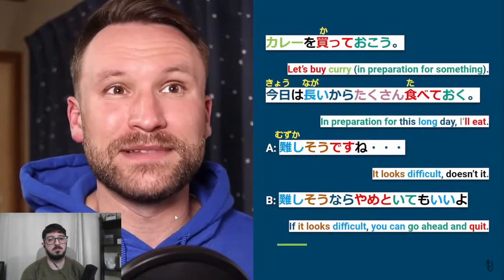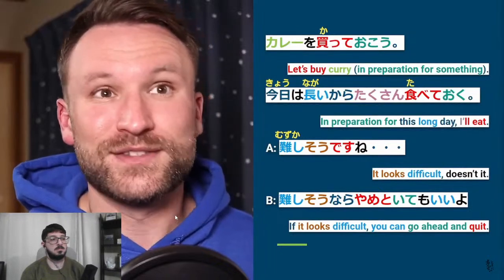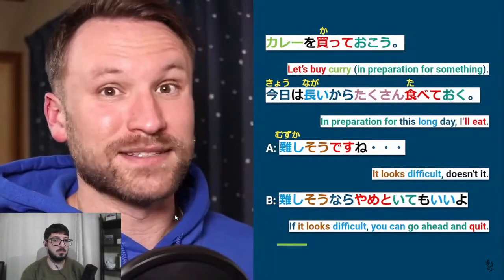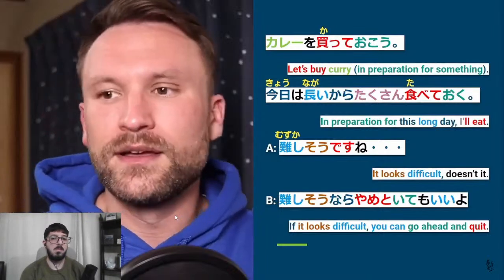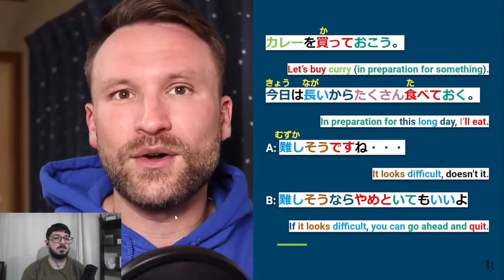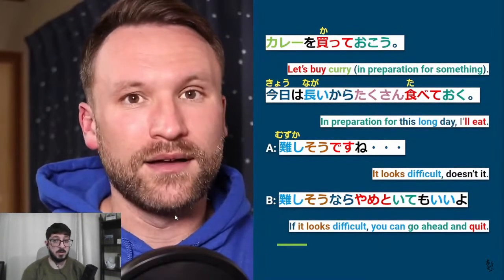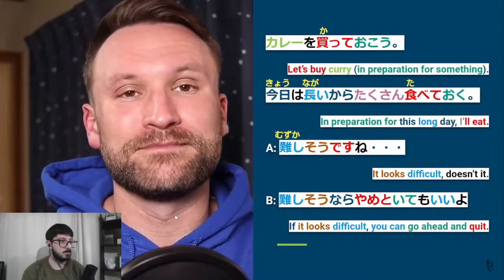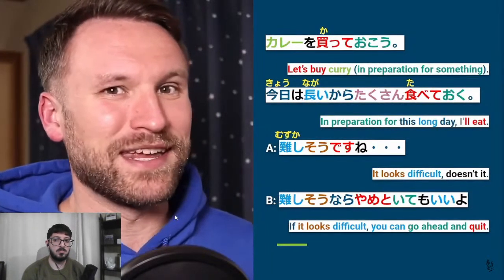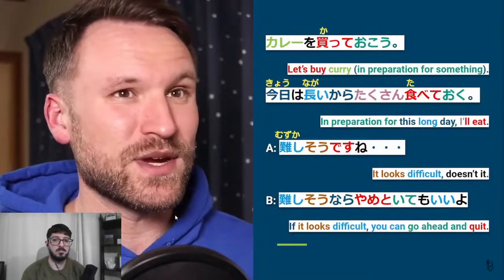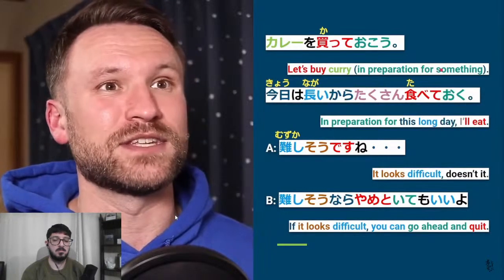It can just be, let's buy curry so that we have curry because sometimes we want to eat curry, right? So we could be at the store and just, カレー買っておこうか. We should probably buy curry. And the implication is in preparation for the next time we actually want to eat it so that we have it. So that's another situation you can use. It's actually very common in that kind of situation.